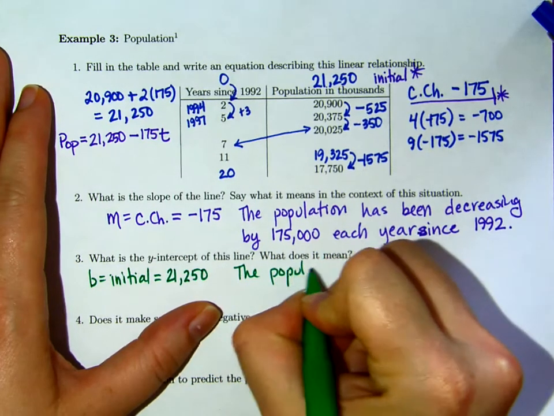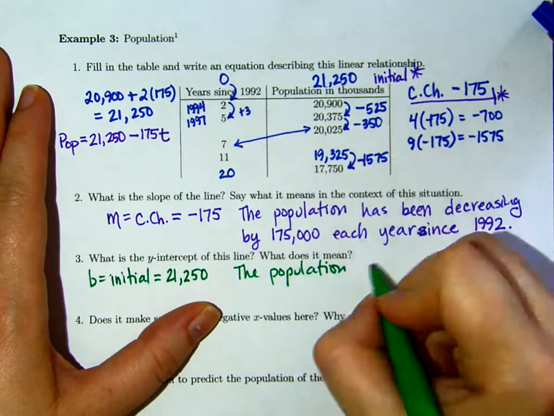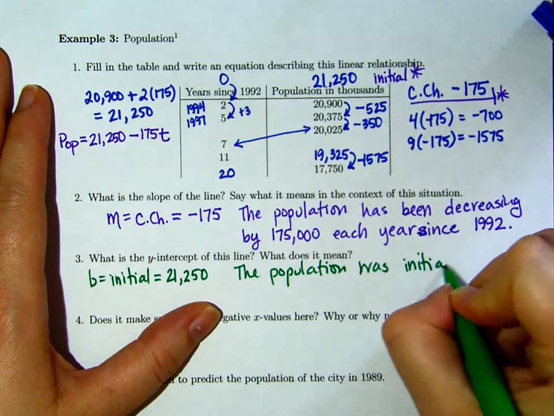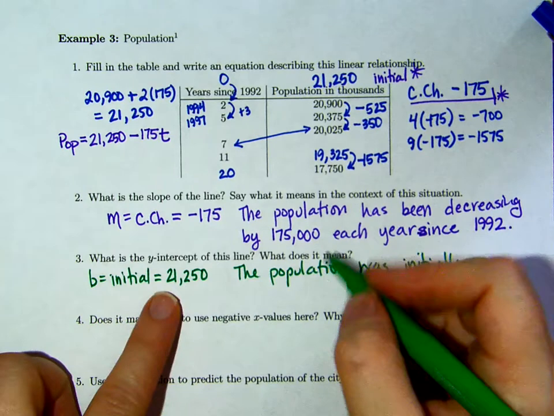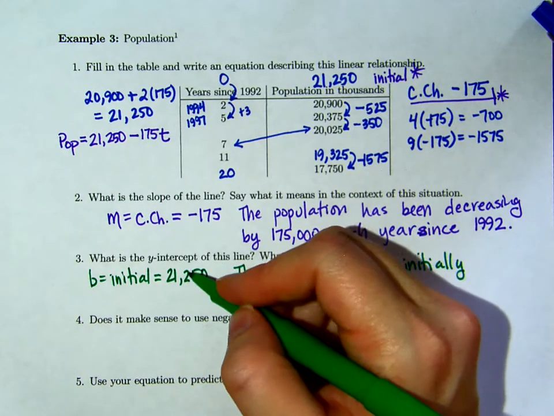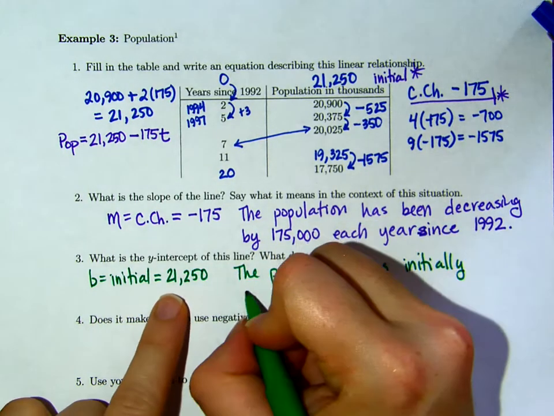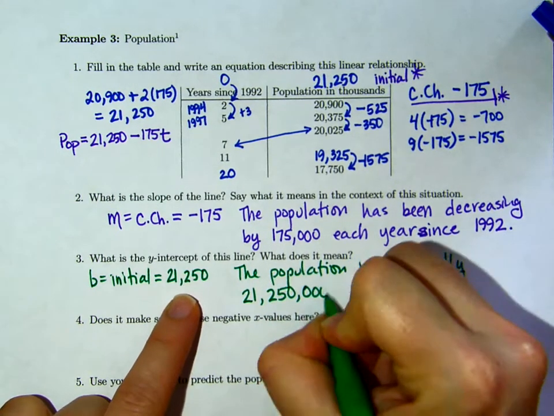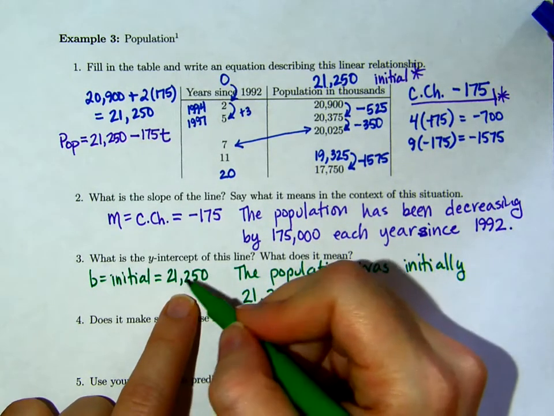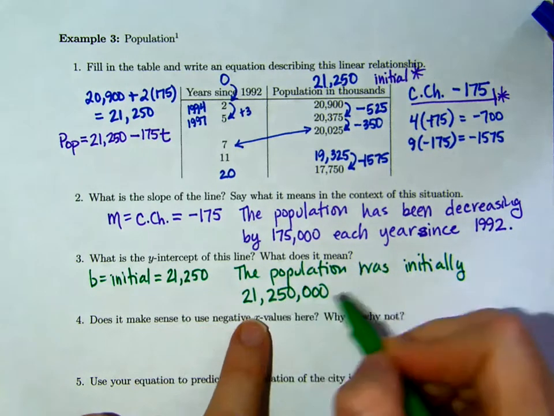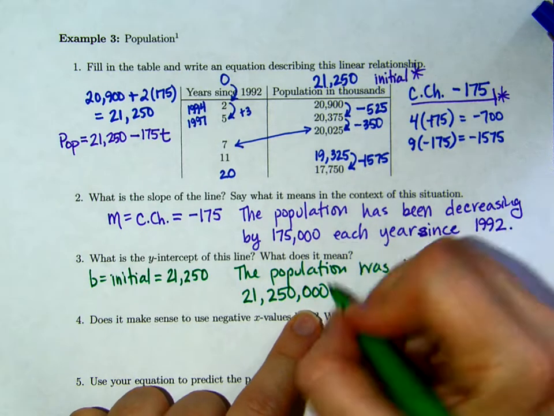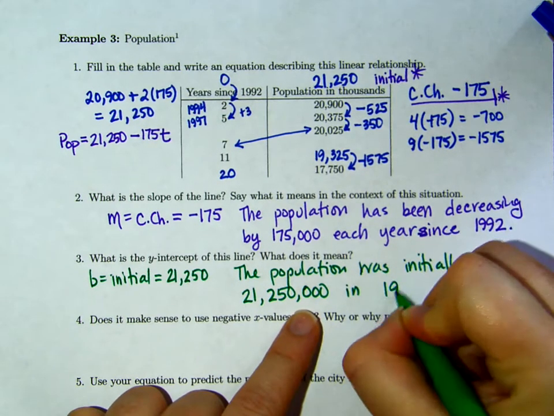The population was initially, and this is in thousands, so 21,250,000. Because if it's this 1,000 times, that's 21,250,000 in 1992.